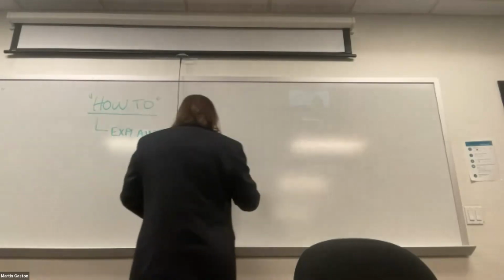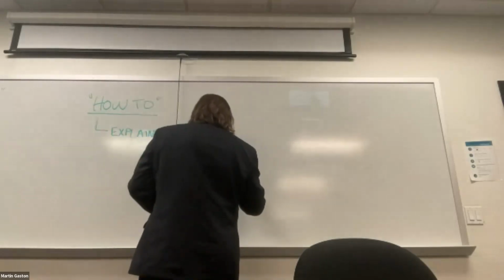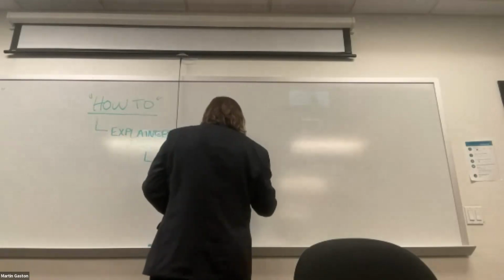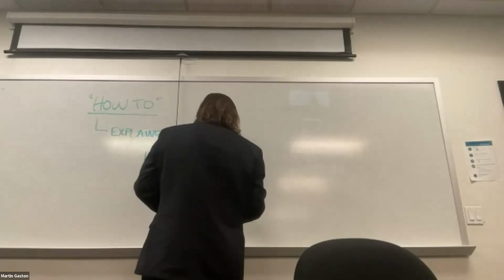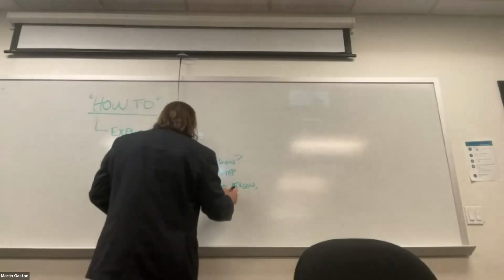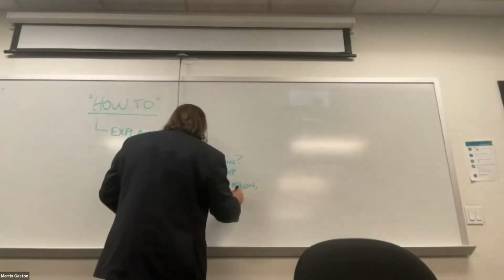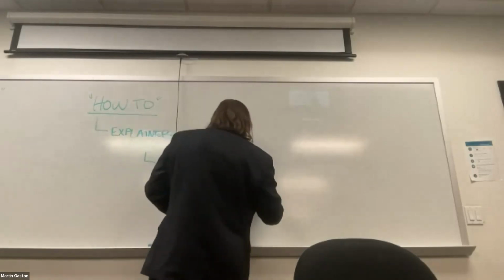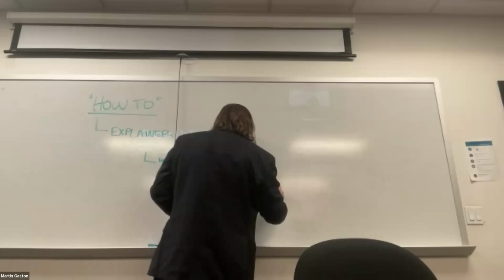Then I want to show a person. Then maybe I want to show the product. And then I want to end with a website. Some kind of a call to action, right?